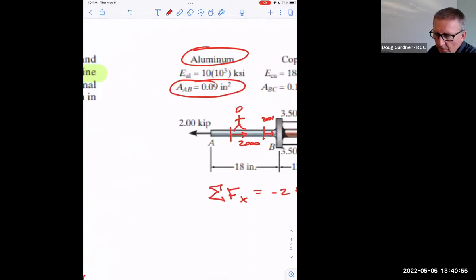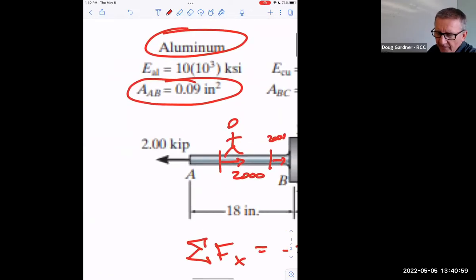And so they said, oh yeah, for aluminum, notice the unit for this because it's kind of confusing. That's 10 times 10 to the third KSI. So the KSI is 1,000 and the 10 to the third is another 1,000. I mean, isn't that weird? So it's really 10 times 10 to the sixth PSI, I guess you could say. I just find that terribly annoying personally.